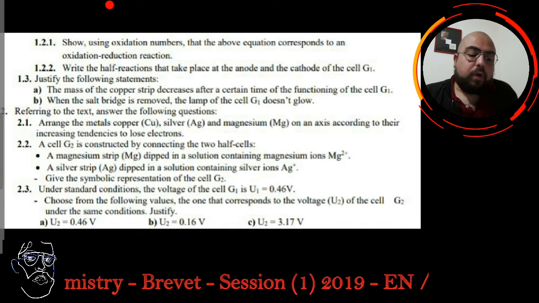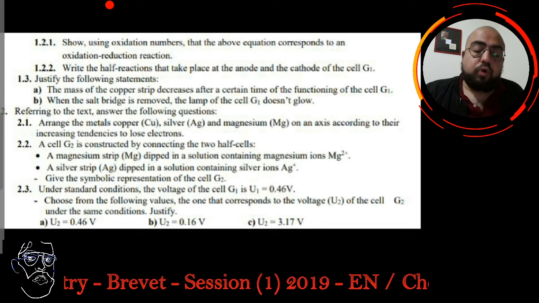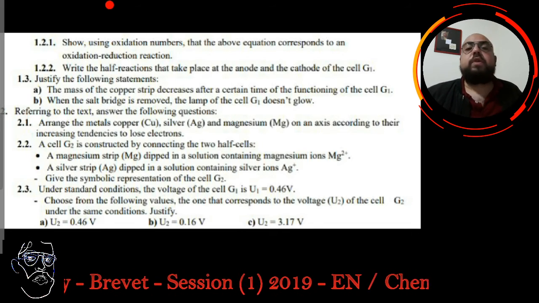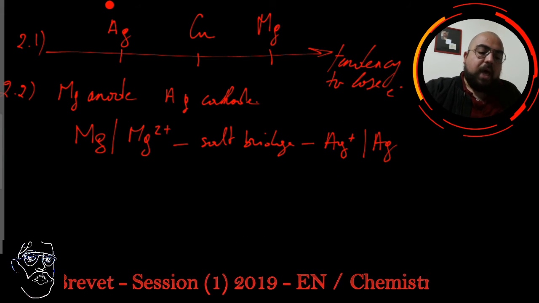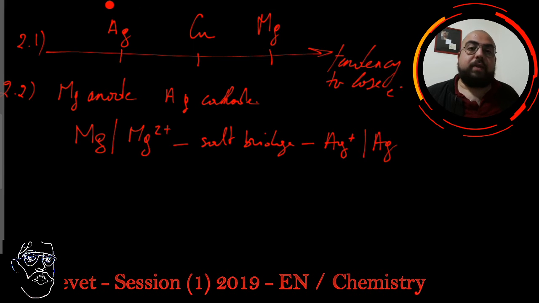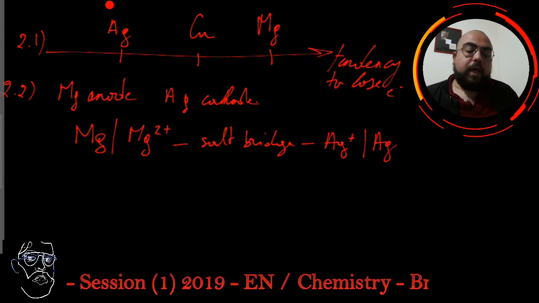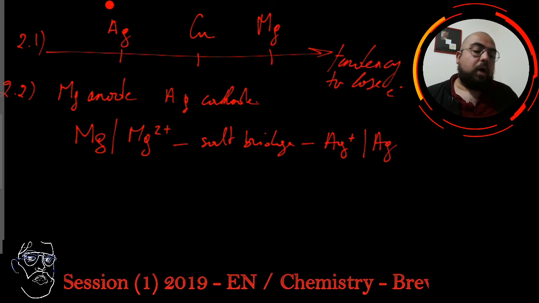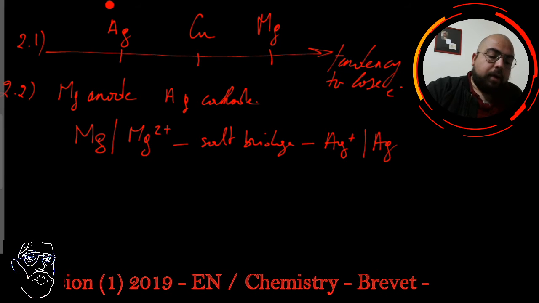Now choose, from the following values, the one that corresponds to the voltage U2 of the cell G2. G2 is between Mg and Ag. As you can see on the axis, Mg and Ag are quite distant compared to Cu and Ag. So the voltage will be higher.